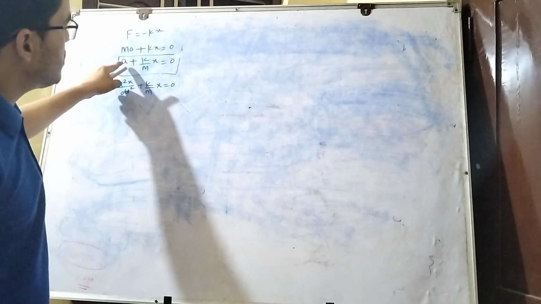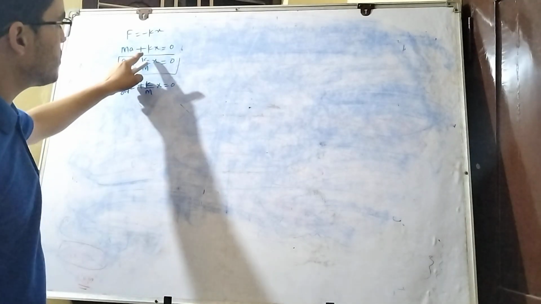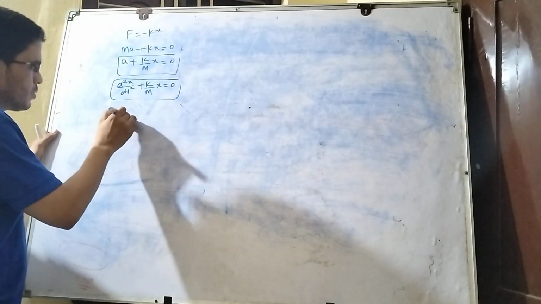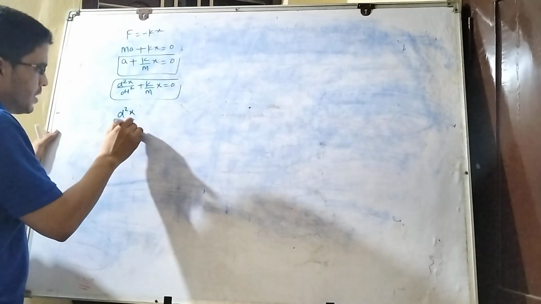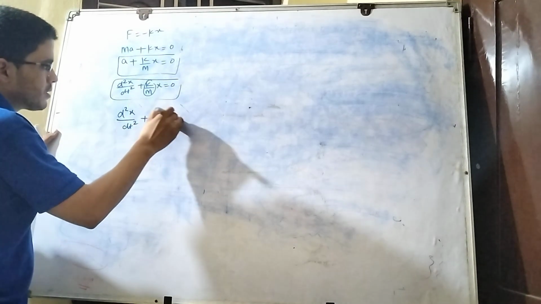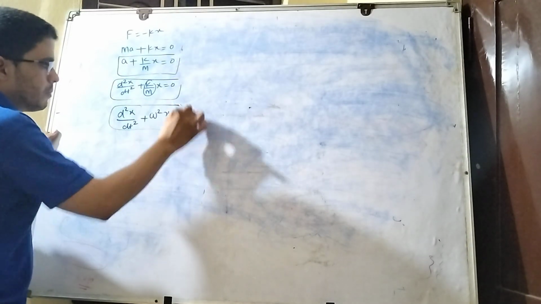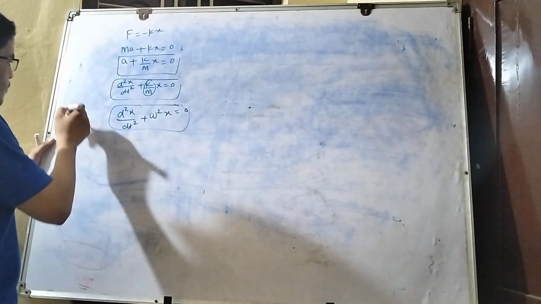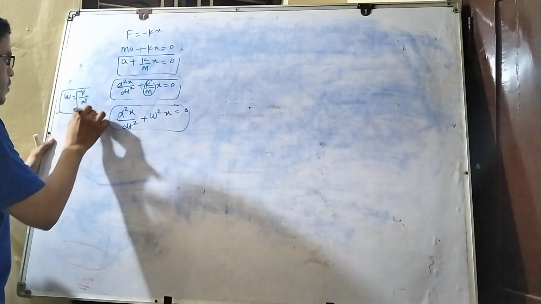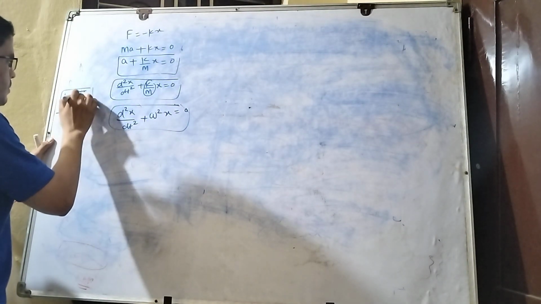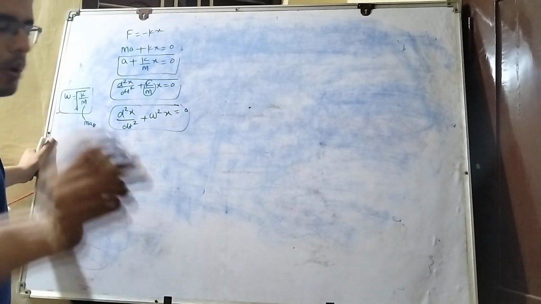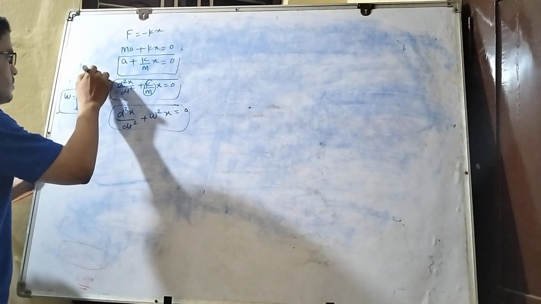So d square x upon dt square plus k by m, which is nothing but omega square, times x equals 0. Remember one thing, all of you, omega equals square root of k by m. Here m is the mass of the given block or object, right? And k is the spring constant.